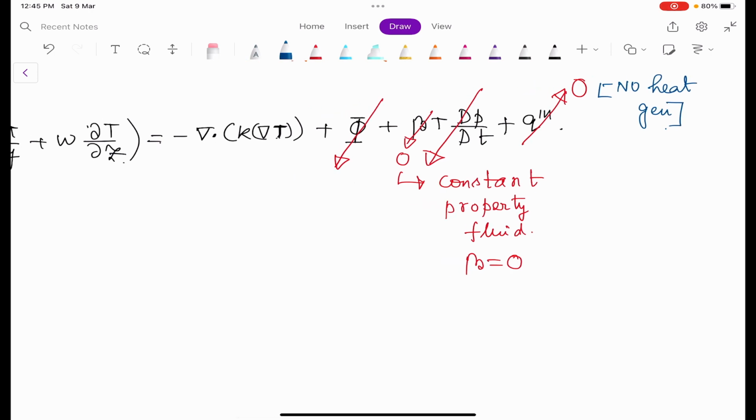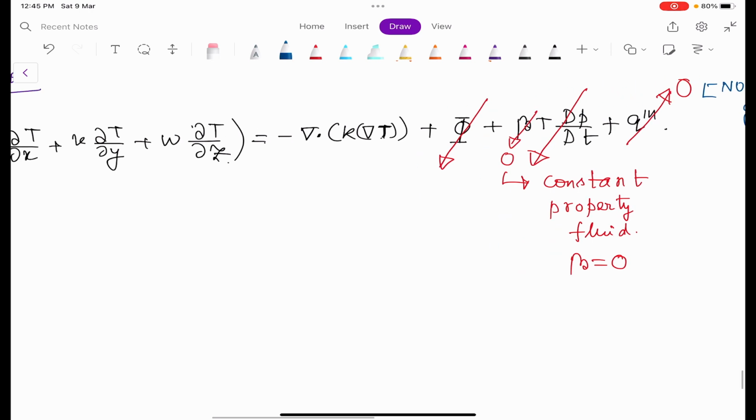And this viscous dissipation, you will get to know that this viscous dissipation will be dependent on what, the velocity gradients. So here the velocity gradients is not very sharp. Okay, so that is why we are neglecting here the viscous dissipation, and also it will be dependent on some non-dimensional numbers.